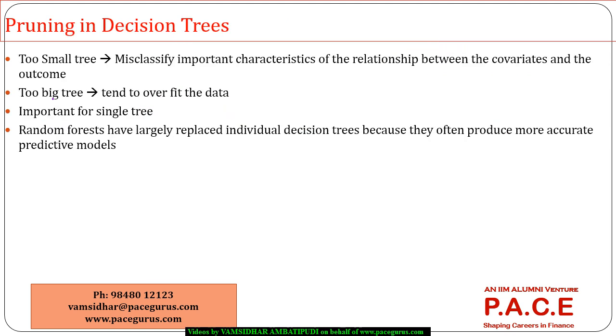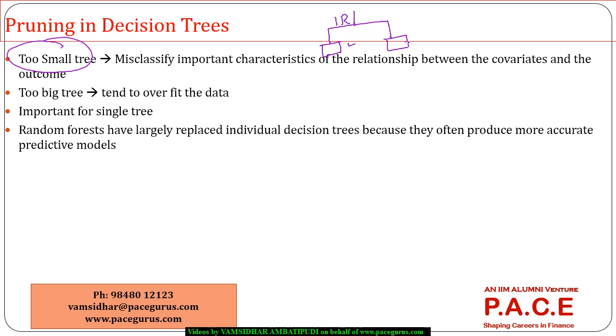Now, why do we really need to prune the decision tree? Why can't we keep it as default itself? Try to understand two things. If the tree is too small, only one layer, then there is only one rule. Based on this rule, my data would be classified either here or here.